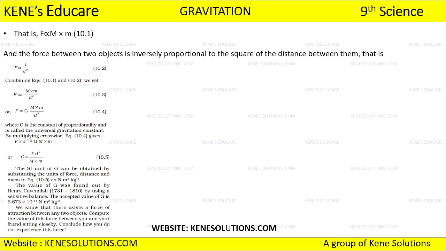Here we have the value of G, along with the SI unit and everything, which has been given.